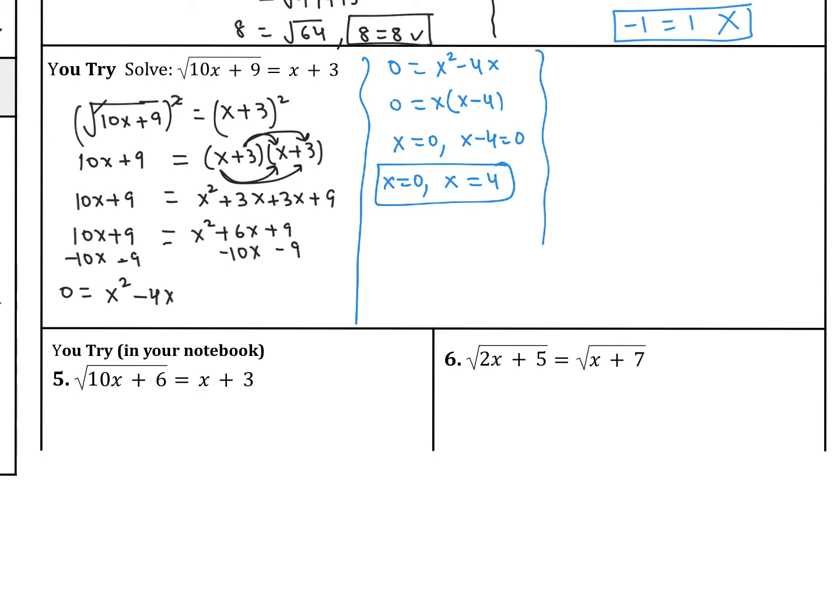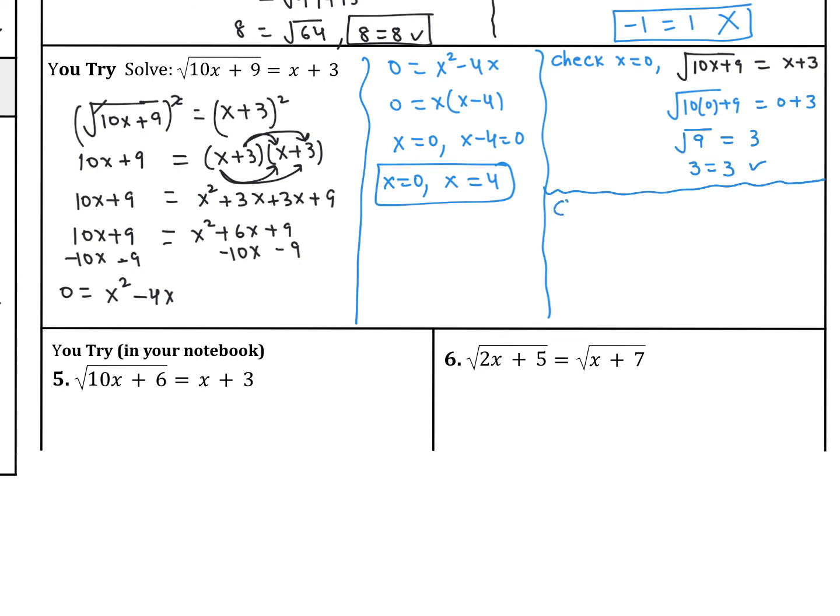We're going to check one by one which one is our actual value by plugging it into the given equation. So first you're going to check x equals 0 in the given equation, square root of 10x plus 9 equals x plus 3, and plug in 0. So you got the square root of 10 times 0 plus 9 equals 0 plus 3. So that's going to be the square root of 9 equals 3. So which is 3 equals 3. That is true.